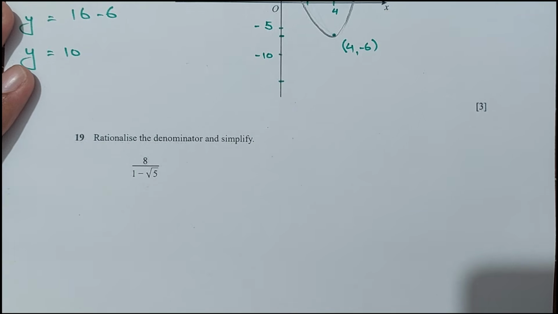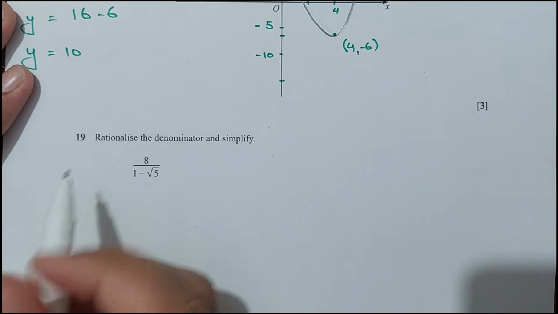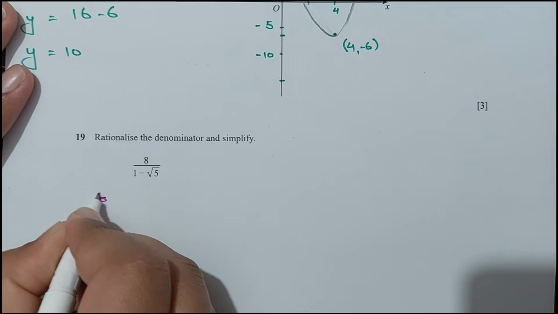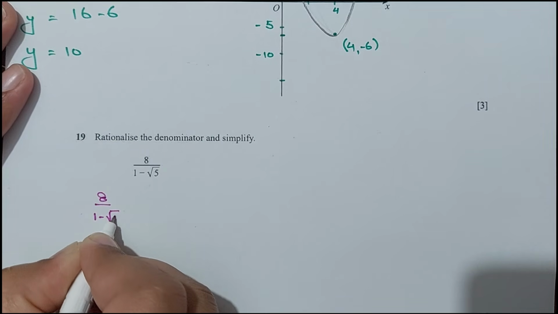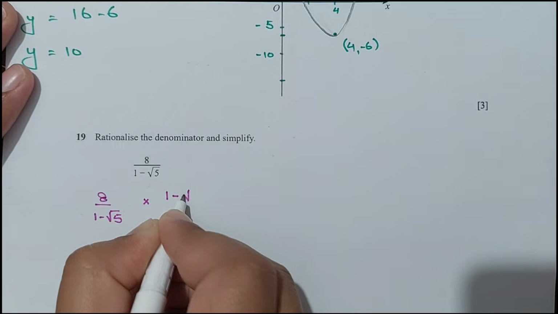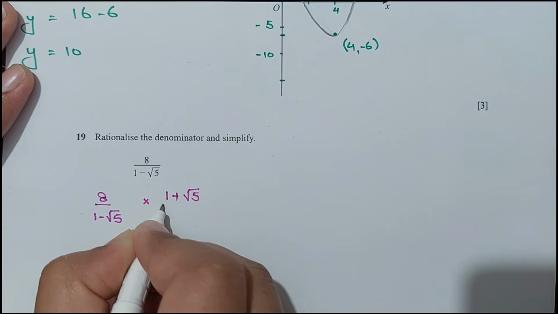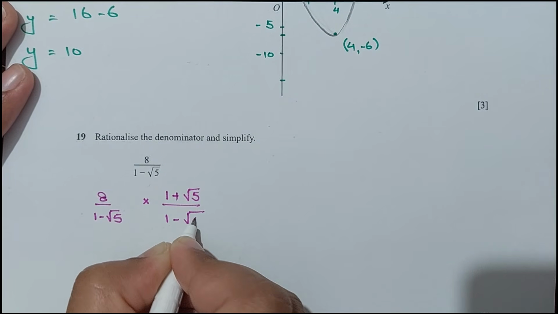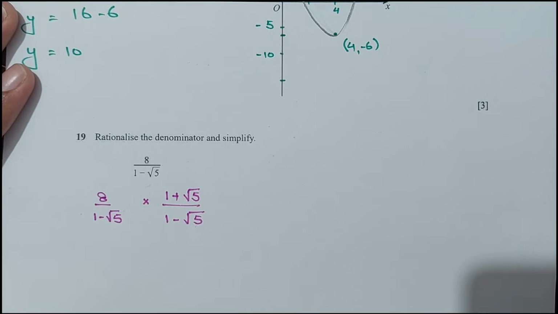Question number 19, rationalize the denominator and simplify. All right, so let's do this. 8 over 1 minus root 5. For the rationalization, you have to multiply and divide by the conjugate of the denominator. 1 minus root 5 becomes 1 plus root 5.